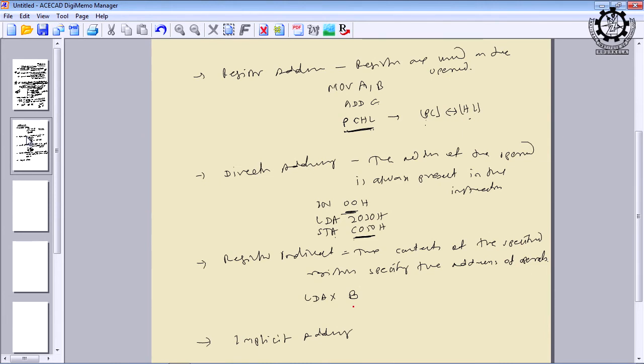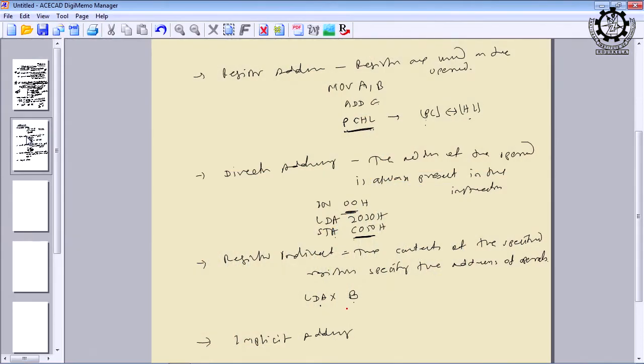But in reality, you have to understand that an immediate data must be present for immediate addressing, and here the address should be specified indirectly. But what is the meaning of indirection? So here you will understand: load the accumulator with the content of the memory location whose address is available in the register pair BC.